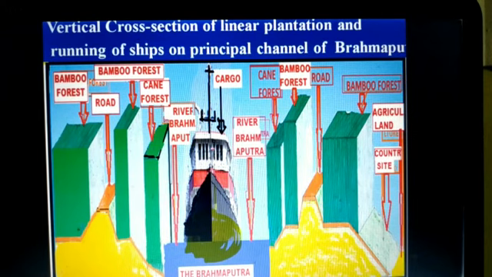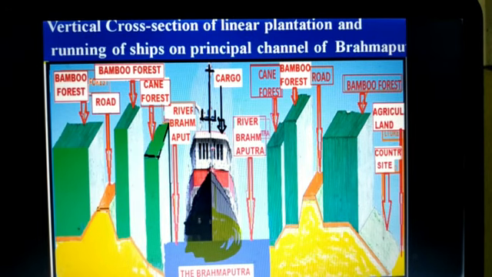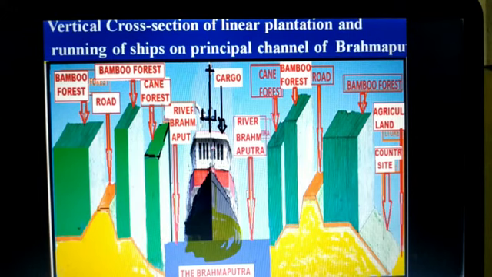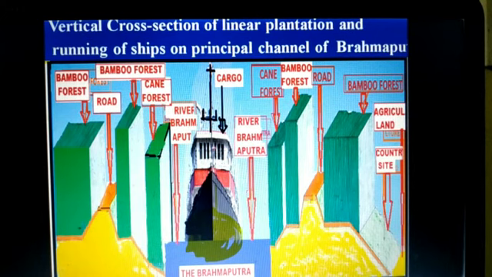On the other side, this bamboo forest and cane forest will give you a good environment on one side. On the other, it will give you resources, and water resources will be utilized. The environmental condition will be good, and the embankment will give very good protection to the river and the countryside.